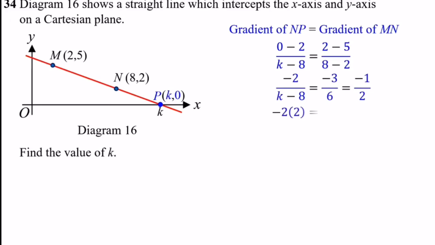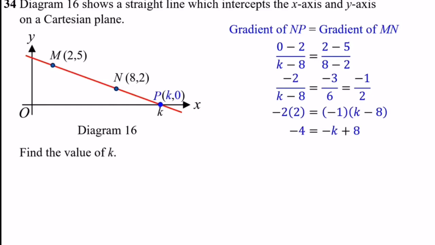Negative 2 times 2 is equal to negative 1 times k minus 8, right? Finally, you have negative 4 is equal to negative k plus 8. So then your k will be a positive value, which is 12.